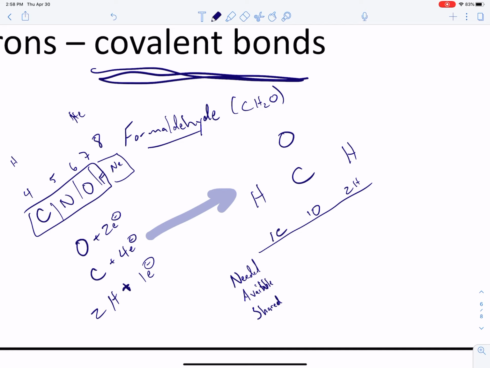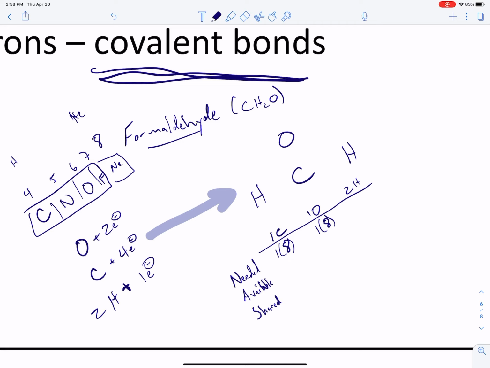Okay. So how many electrons does a carbon need to have? Do you remember that thing called the octet rule? Right. It needs 8 electrons, and there's one carbon, so 1 times 8. What does oxygen need? It also needs 8 electrons. What does hydrogen need?